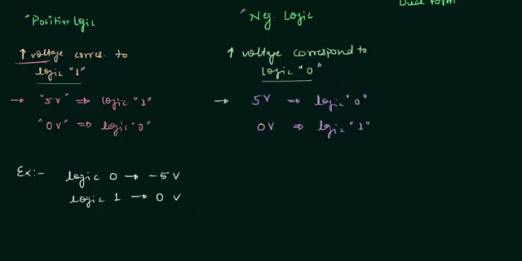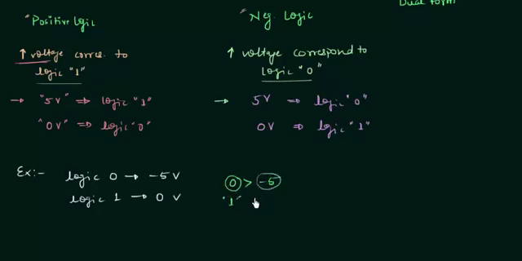The first thing that we have to do is to find out the greater value, the voltage that is higher. If we compare the voltages 0 volt and minus 5 volt, then obviously 0 volt is greater than minus 5 volts. And if we are dealing with positive logic, then this 0 must be represented as logic 1, because this is the higher value.